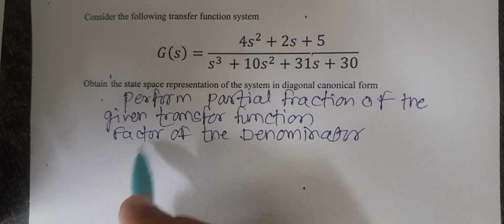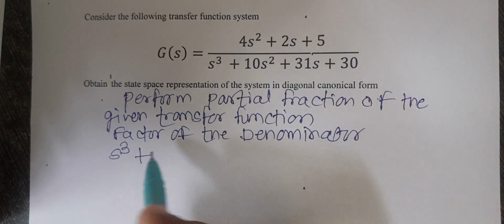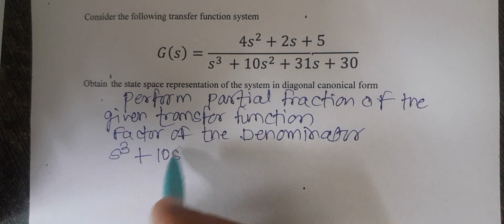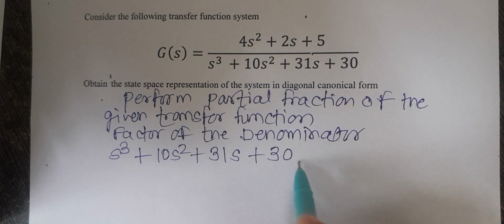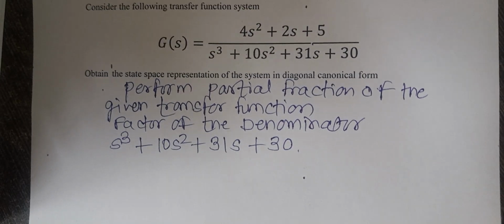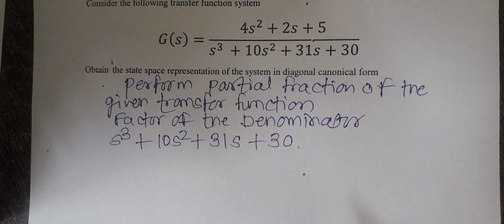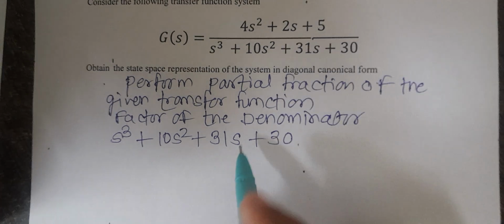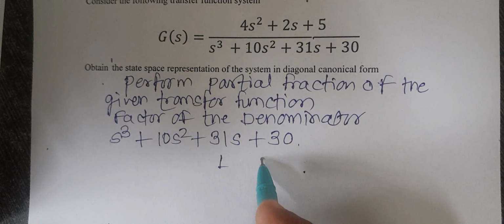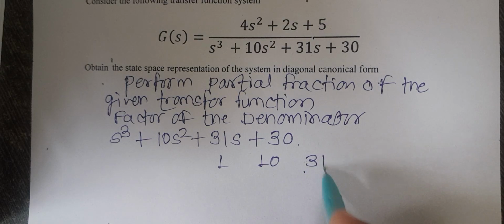The denominator is s cube plus 10s square plus 31s plus 30. By using the synthetic division method, we can find the roots by testing small integer values. The coefficients are 1, 10, 31, 30.